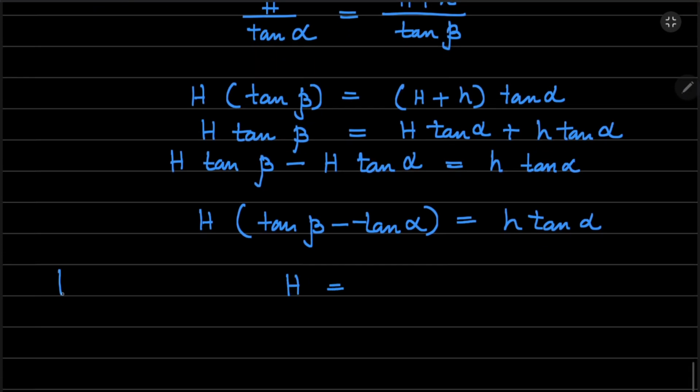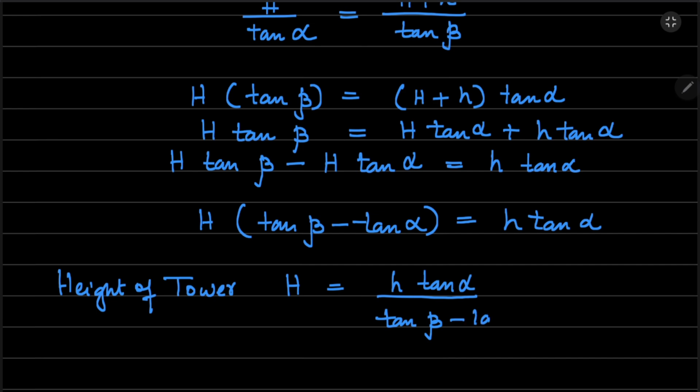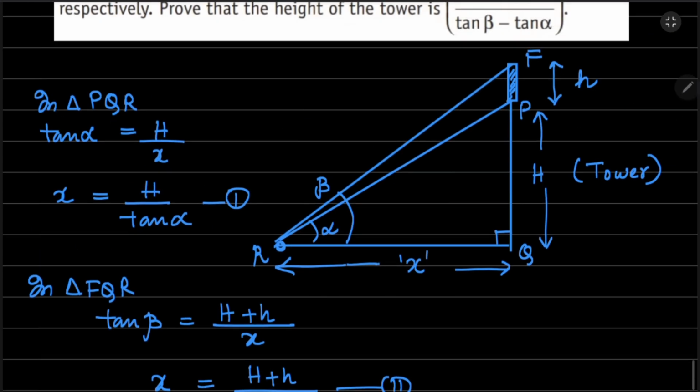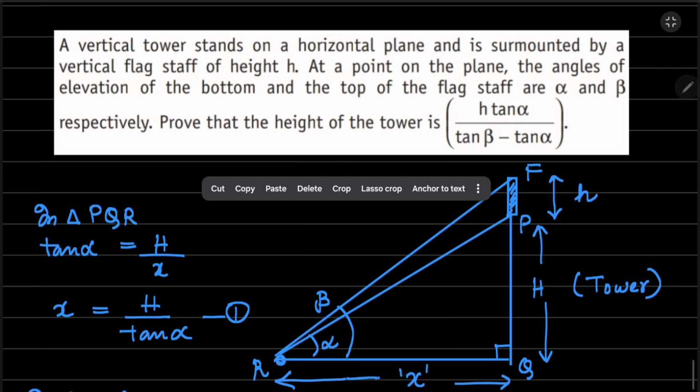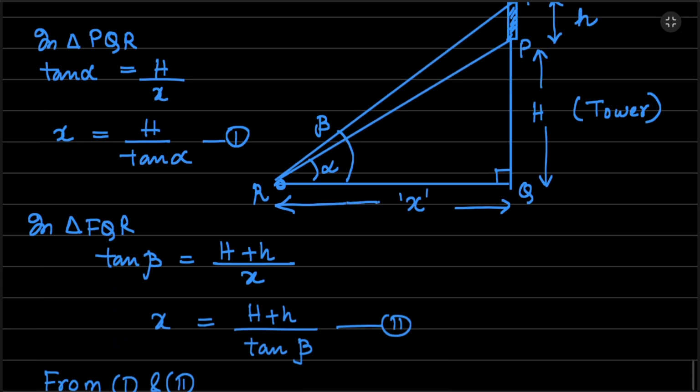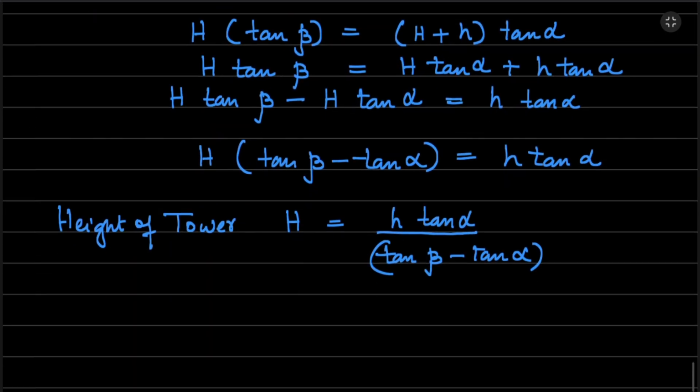This is the height of the tower. It is equal to small letter h tan alpha divided by (tan beta minus tan alpha). This is what you need to prove, and this is what you have got. Hence proved.